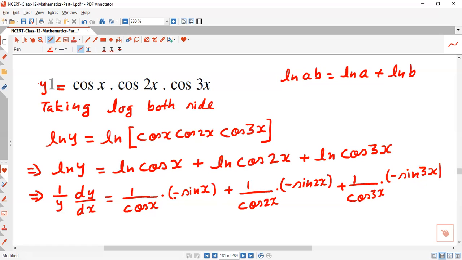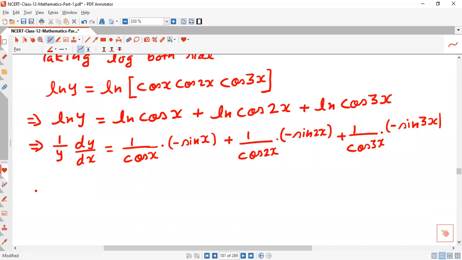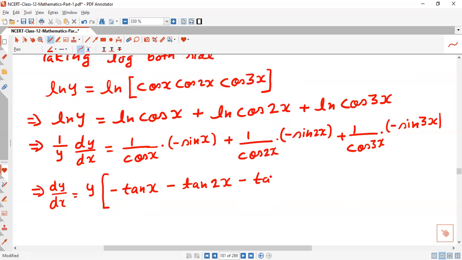All right. Now I will write on the next line and simplify. We get sin x upon cos x. dy by dx can be written as y times sin x upon cos x, which becomes minus tan x, sin 2x upon cos 2x becomes minus tan 2x, and this becomes minus tan 3x.